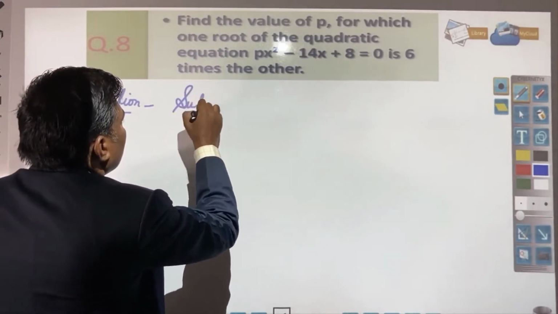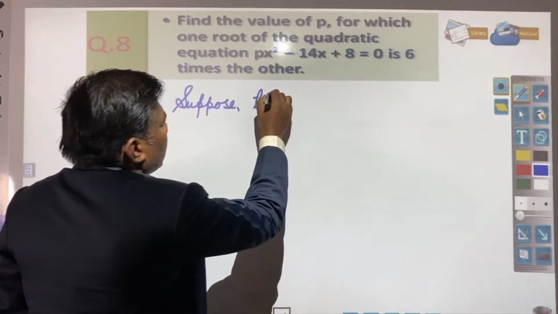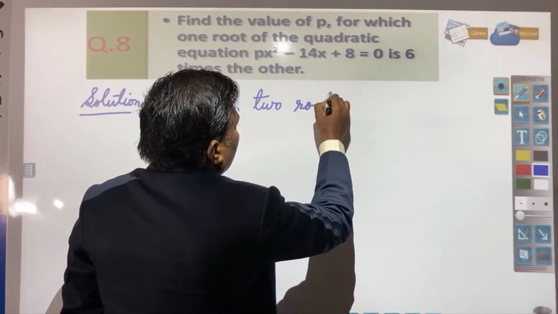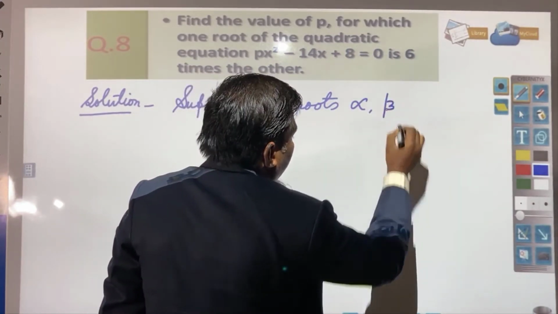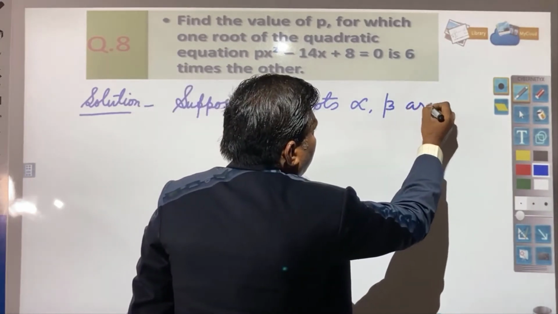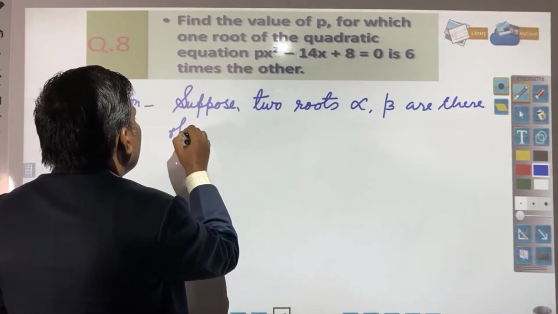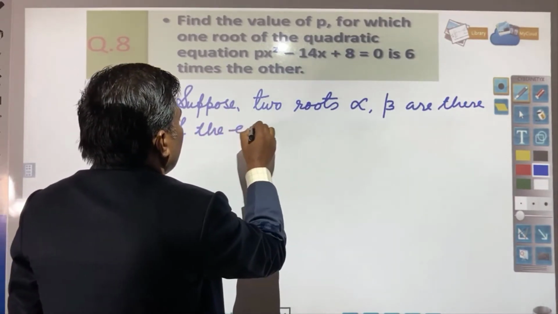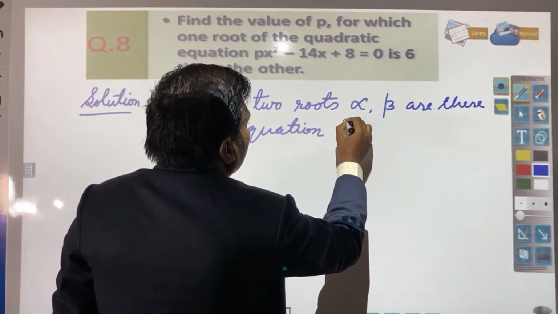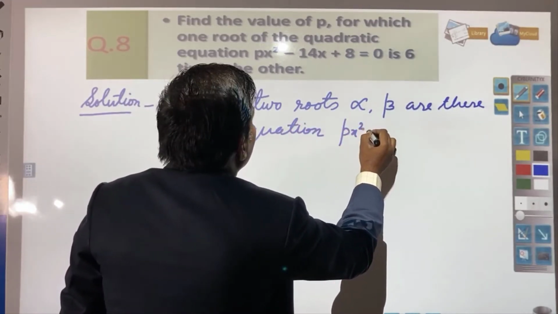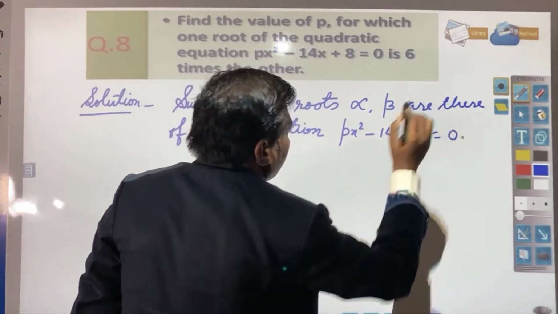Suppose two roots alpha and beta are there of the equation p x square minus 14x plus 8 is equal to 0.